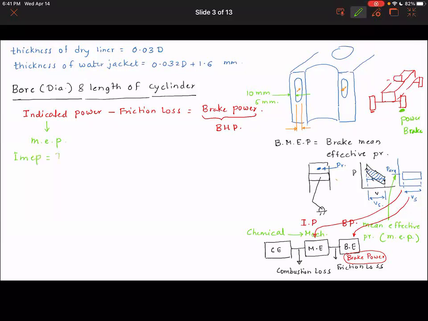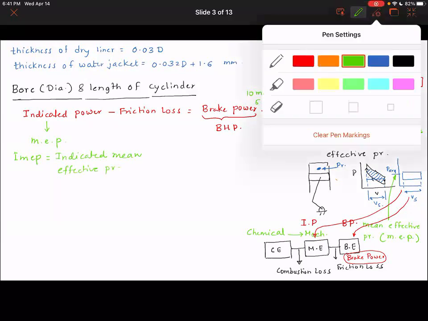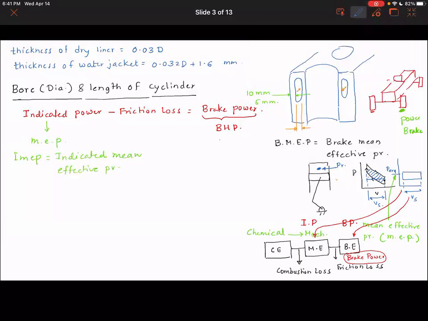which is called indicated mean effective pressure. And if you find out mean effective pressure using the brake horsepower, that is called BMEP, which is brake mean effective pressure.